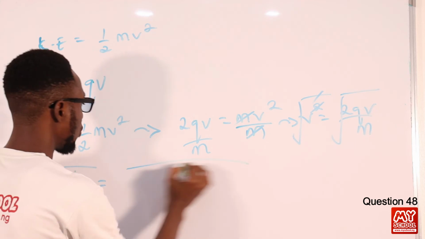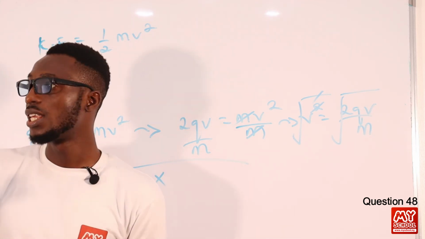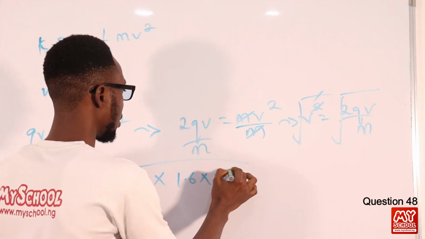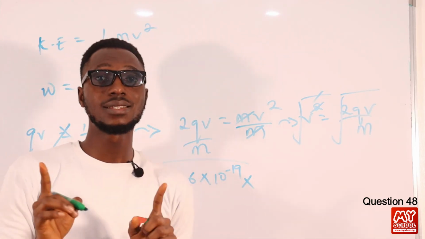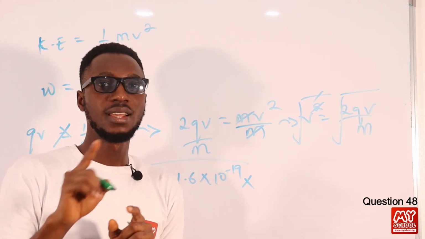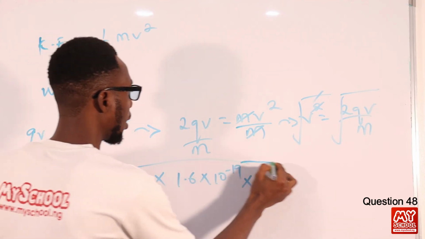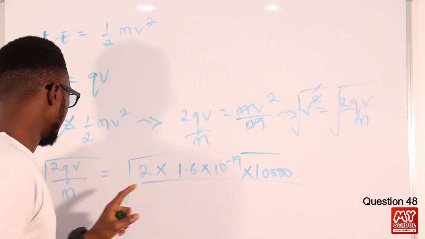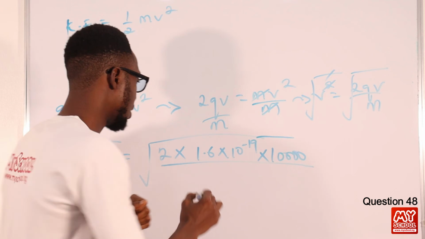So that will be square root of 2 times the Q, which is 1.6 times 10 raised to the power minus 19, times this. We have 10 kilovolts, so that is 10,000. The kilo is 10 raised to the power 3, so that's 10,000. Over, then we have the mass. The mass is giving us, yes, 9.1 times 10 raised to the power.